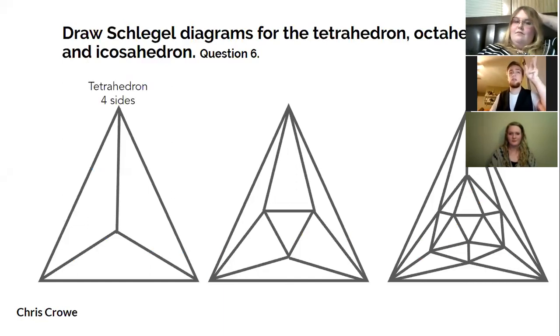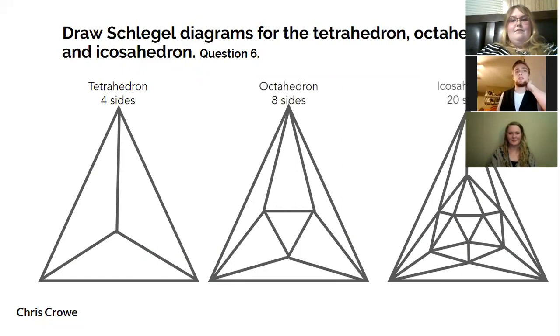our sixth and final question of this whole lesson, draw Schlegel diagrams for the tetrahedron, the octahedron, and the icosahedron. So what that's basically asking us is to draw the appropriate sided shapes. So in this case, we have our tetrahedron, which we've already seen. So the four sides, 1, 2, 3, 4 on the bottom.